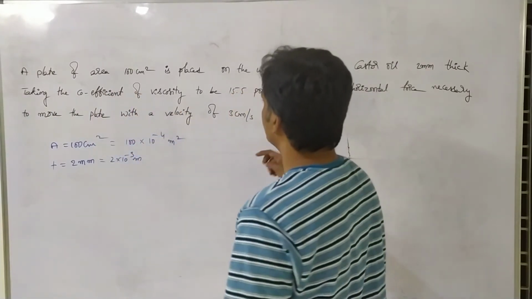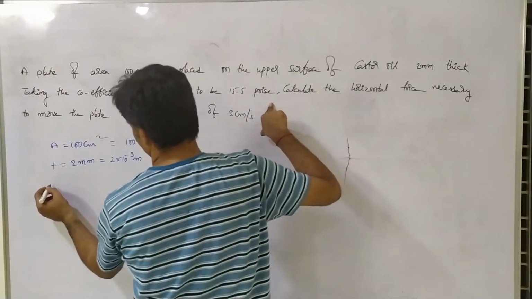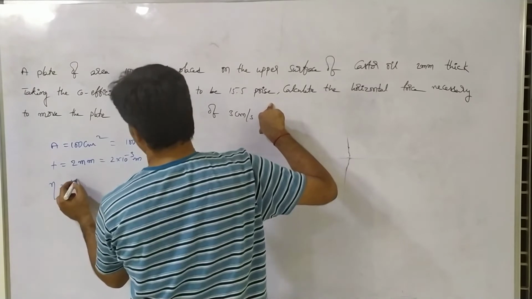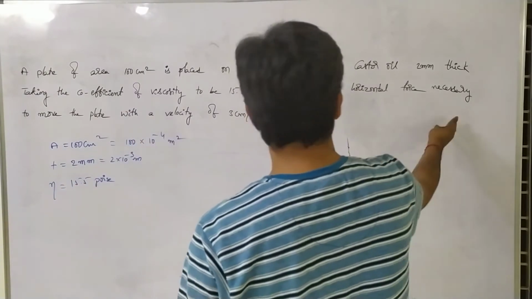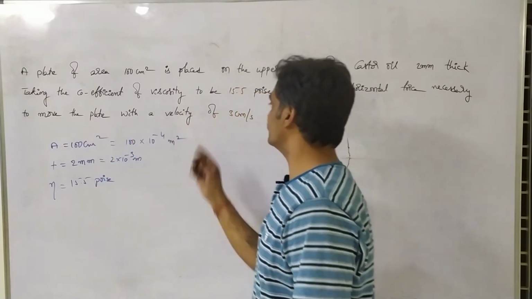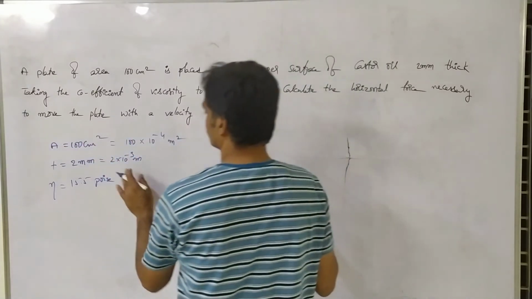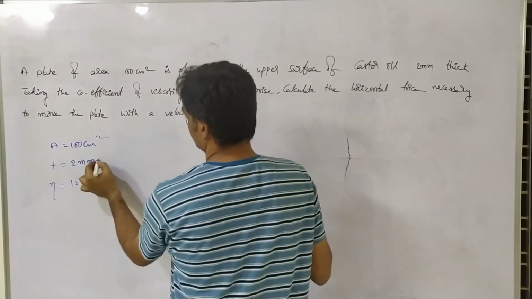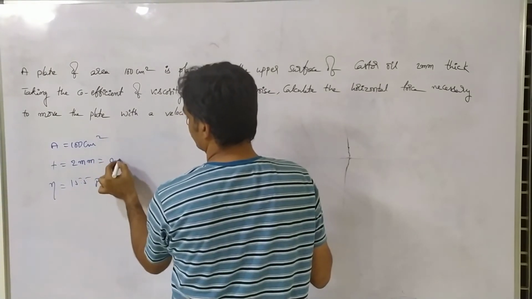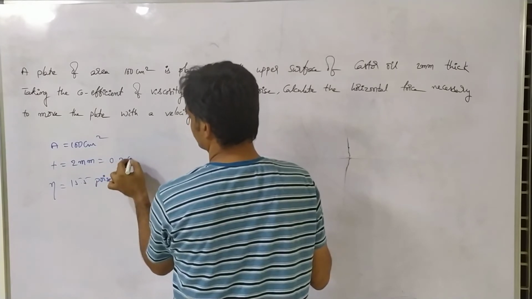Taking the coefficient of viscosity to be 15.5 poise, calculate the horizontal force necessary to move the plate with a velocity of 3 centimeter per second. In terms of centimeter, the thickness is 0.2 centimeter.